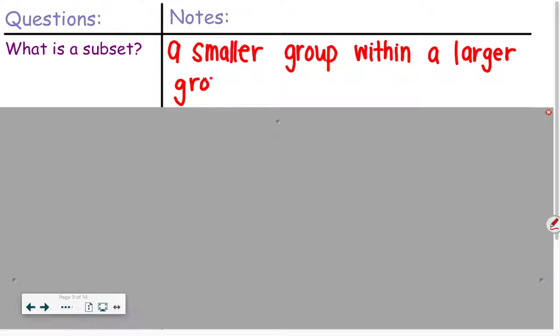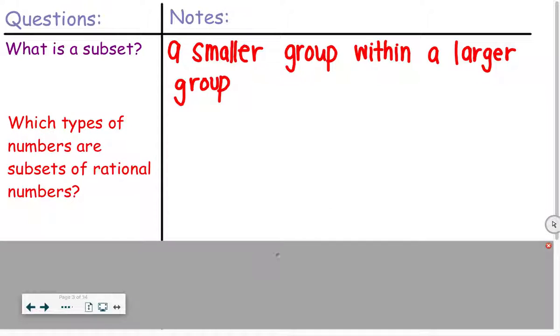So some subgroups within CGMS are 6th grade, 7th grade, and 8th grade. The subset of Mrs. Nelson's classes are stats and MS algebra. Some subgroups within the students in our class would be the students who have a birthday in January, students who have a birthday in February, March, and so on. So any kind of group within a larger group.